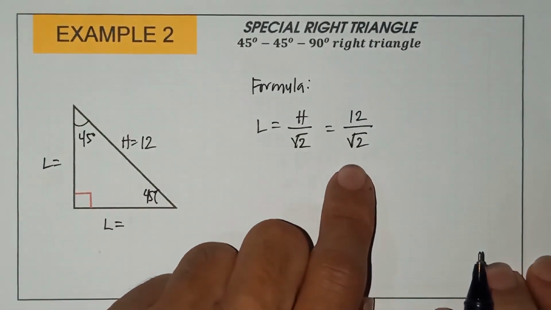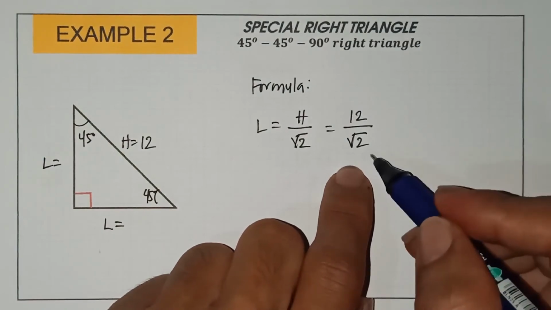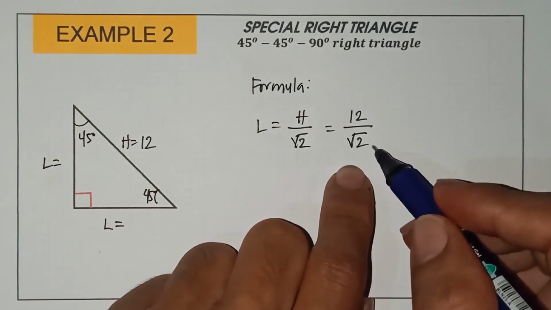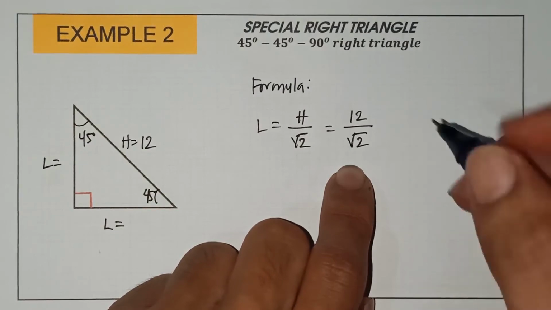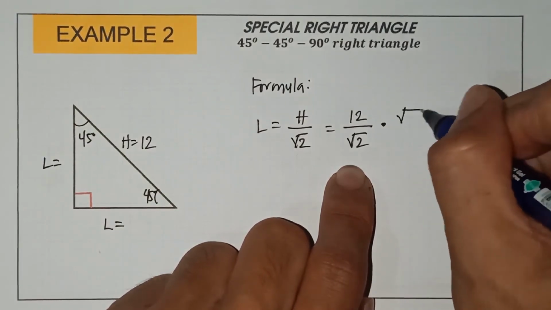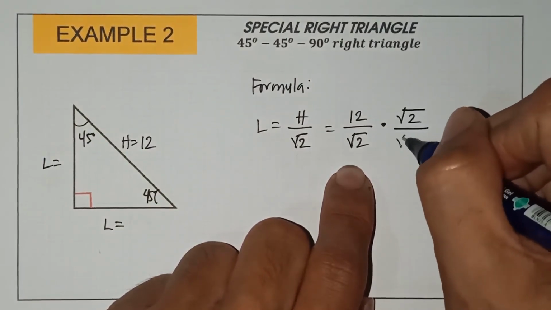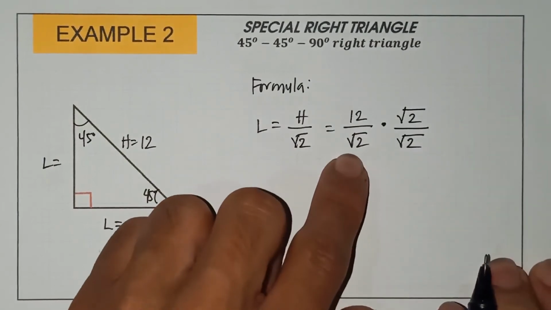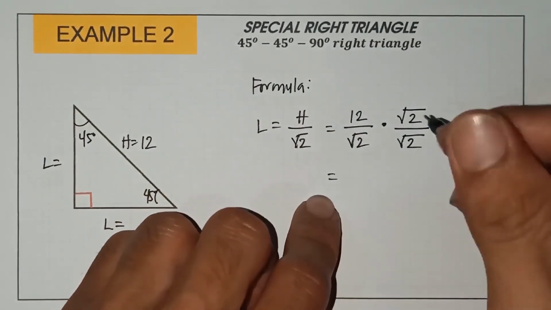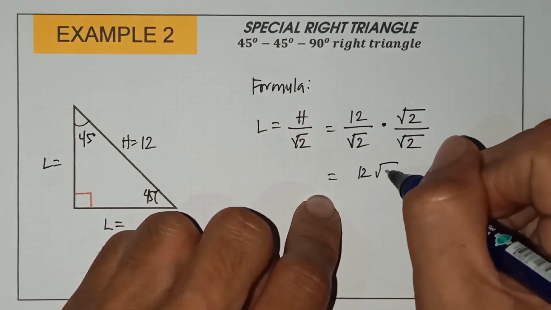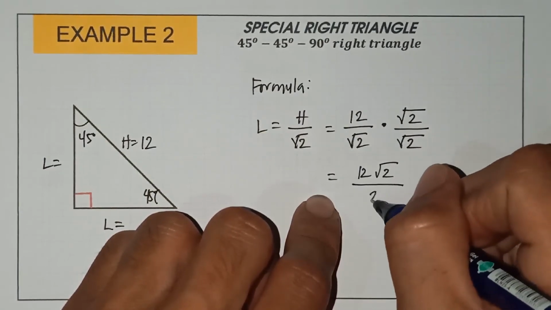To simplify this fraction, having a radical in the denominator, we will now rationalize the denominator by multiplying the numerator and the denominator by the given denominator. So the answer will be 12 square root of 2 over 2.